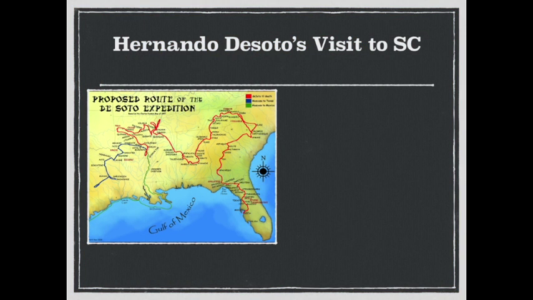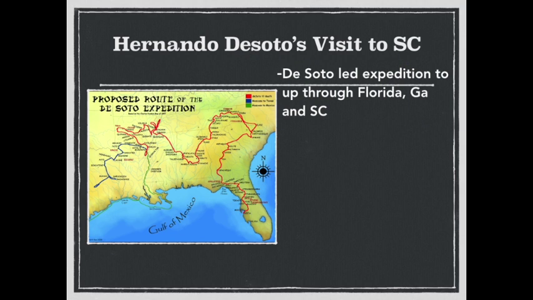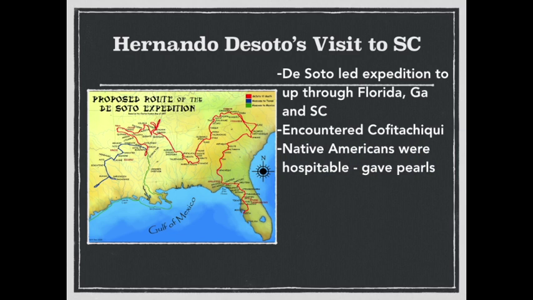Hernando de Soto visited South Carolina, and we can see here his route through the southeast. He led an expedition up through Florida, Georgia, and South Carolina. He encountered the Cofitachichi people. I always laugh when I say that.